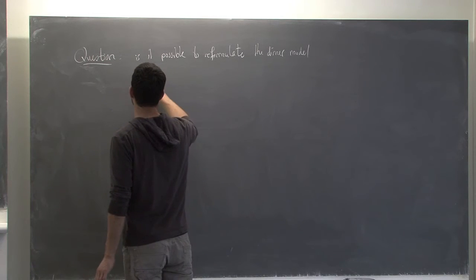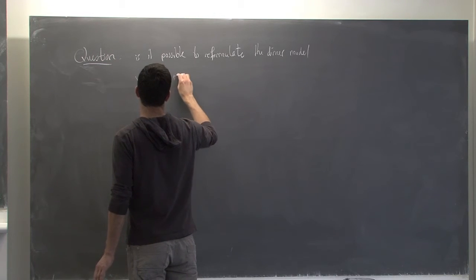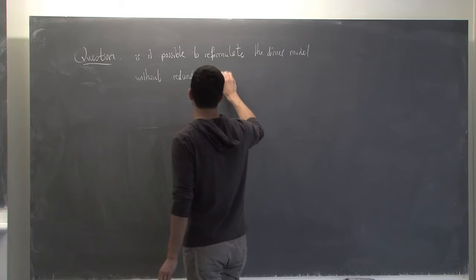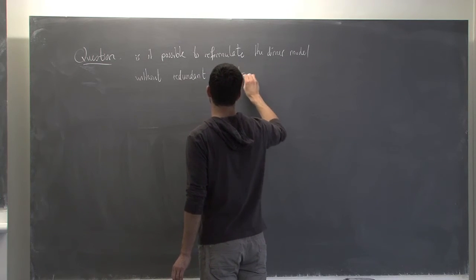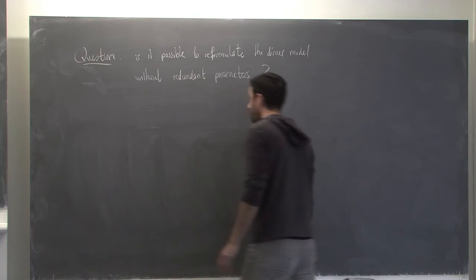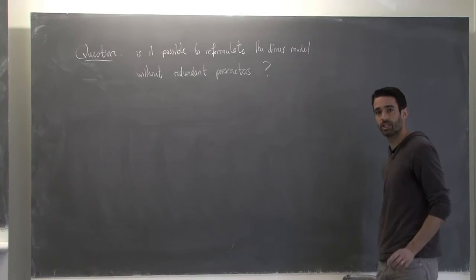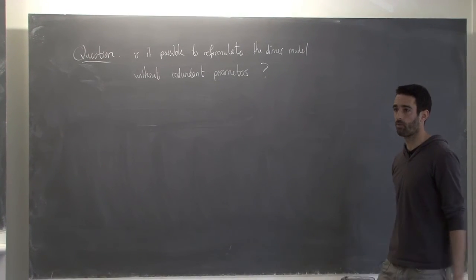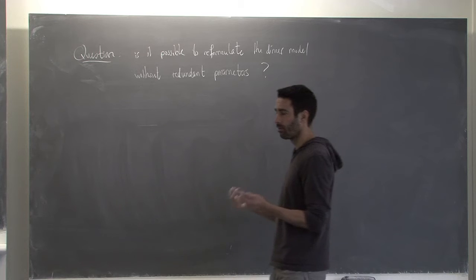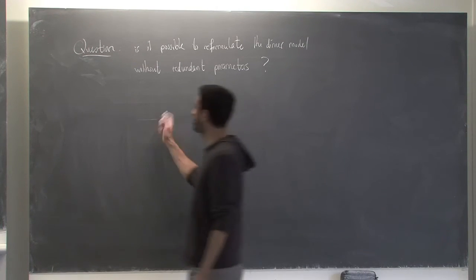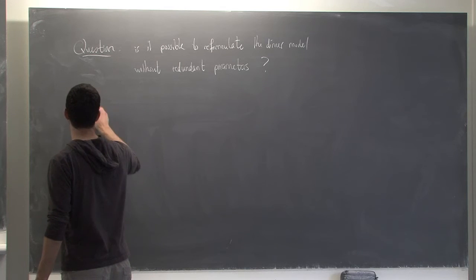Meaning you're not going to set weights on the edges, but you're going to put some other family of weights that are fewer and that really have all the information. And the answer is, amazingly, it's possible, but with two conditions.